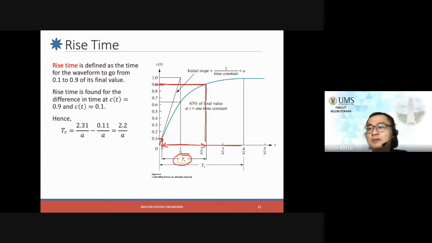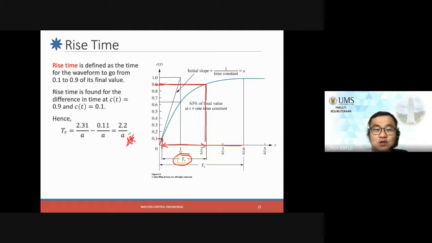Normally we can get this graphically, or if you do not like this idea, the other way, generally for a first order system, is to simplify using this formula: 2.2 divided by a.